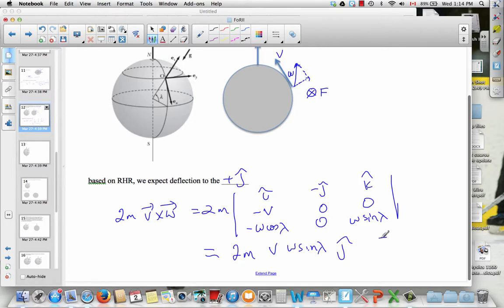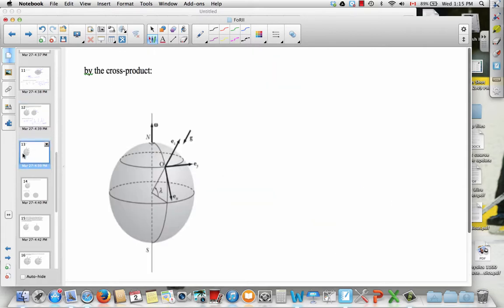So it's in the positive j, as we predicted above, or on the globe surface, it's towards the east. So if you're here and you shoot a projectile towards the North Pole, it won't actually go towards the North Pole. It will actually be deflected towards the east. Now we want to try and reconcile that with observations in the inertial frame.